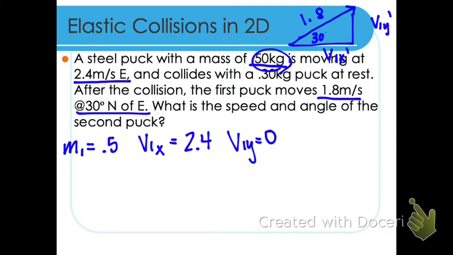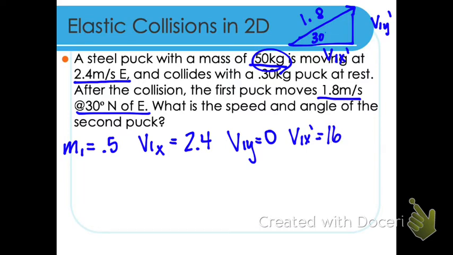If this is V1 prime, that's my speed after the collision. I want to know the x component and the y component of that. So we go back to vector addition to solve for the parts of that triangle. For V1x prime, I take 1.8 times cosine of 30, and I get about 1.6.